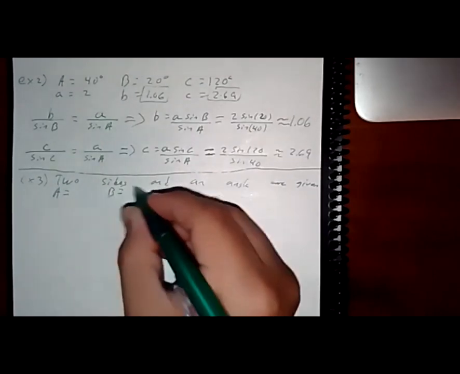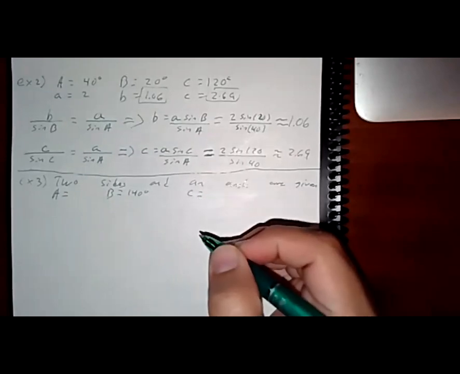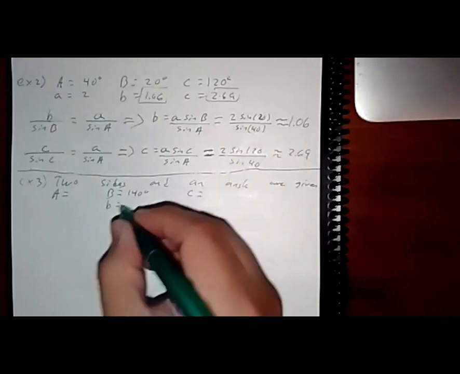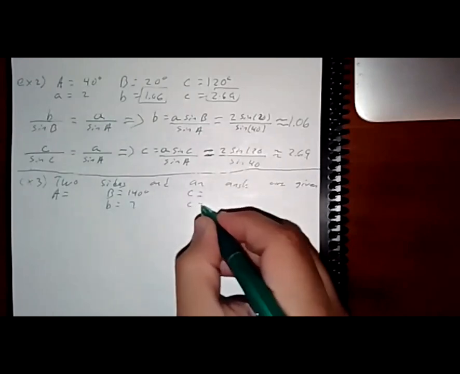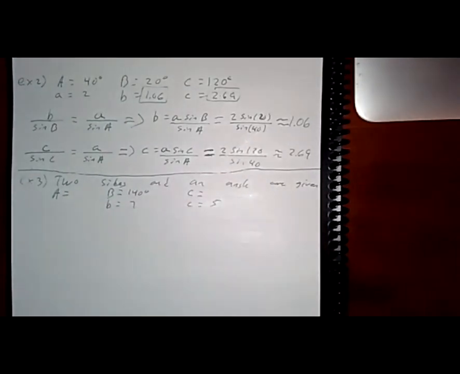So we don't know capital A. We know capital B. Don't know capital C. We have little b to be 7, little c to be 5. All right.